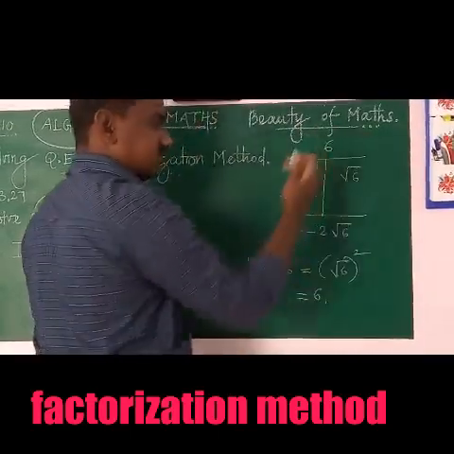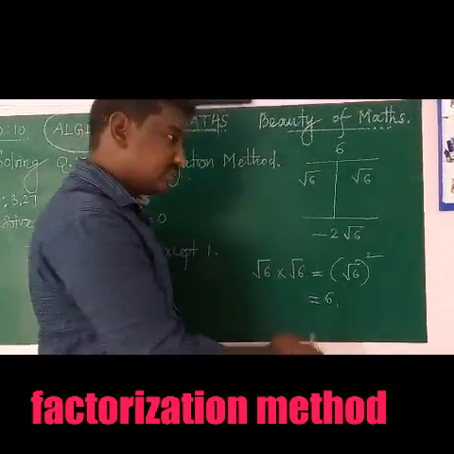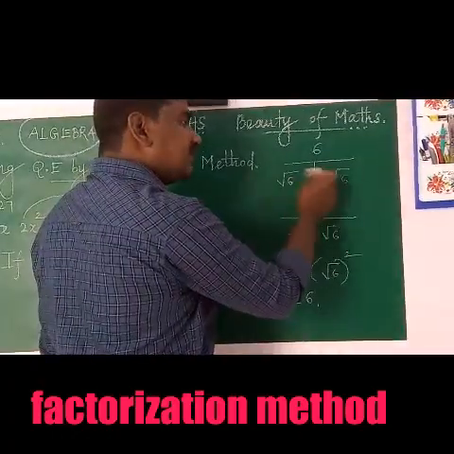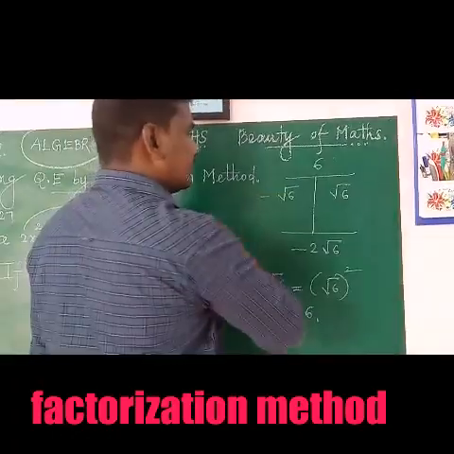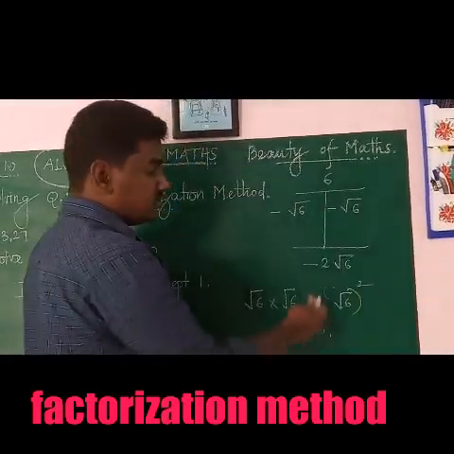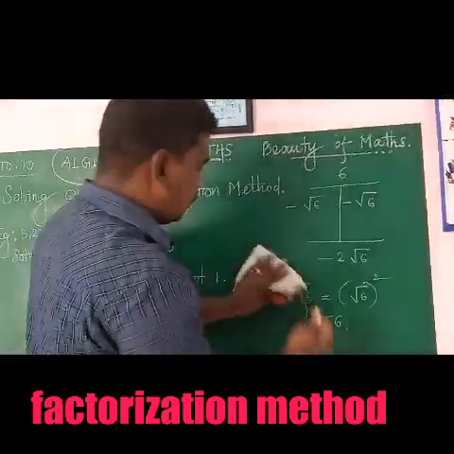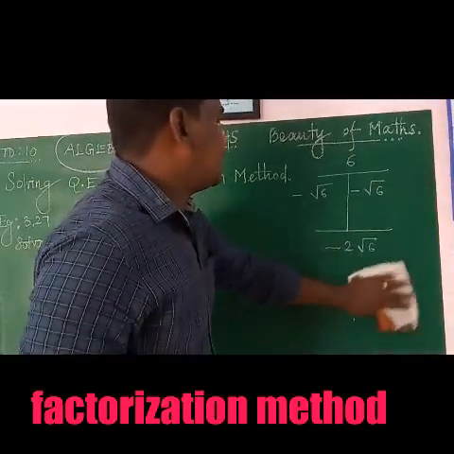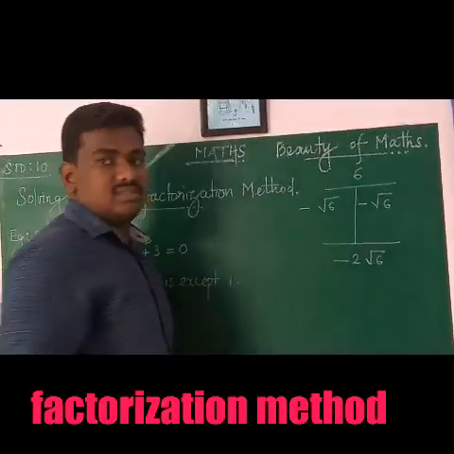We get 6. But here it is minus 2 root 6. If we add, we get minus. So minus root 6 plus minus root 6 is equal to minus 2 root 6. So the two roots are minus root 6 and minus root 6.